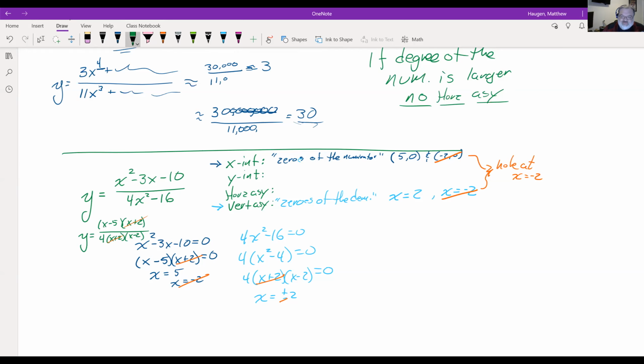So this rational function is going to want to behave like y equals x minus 5 over 4 times x minus 2. But we have to be careful. These two functions are not equal.